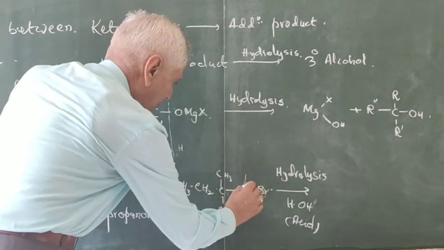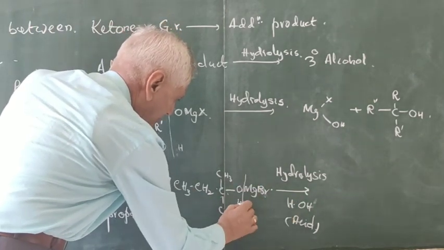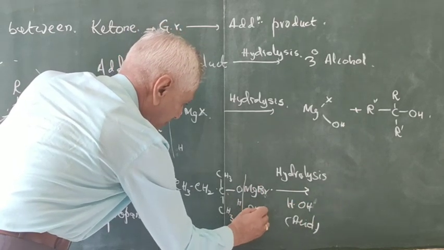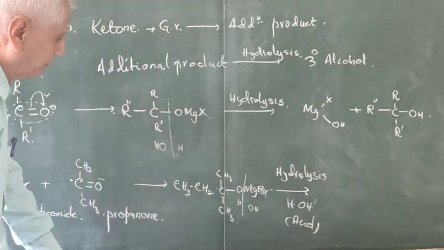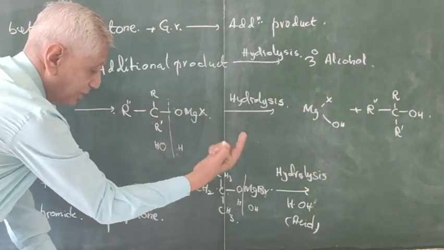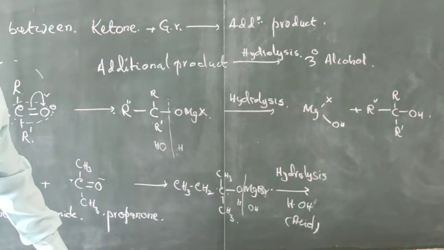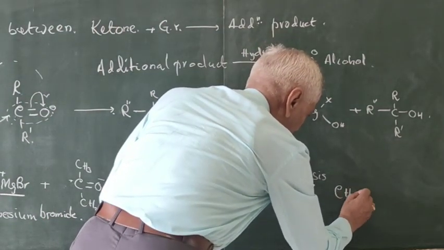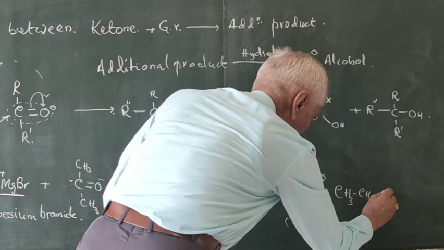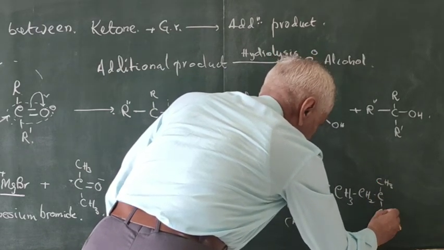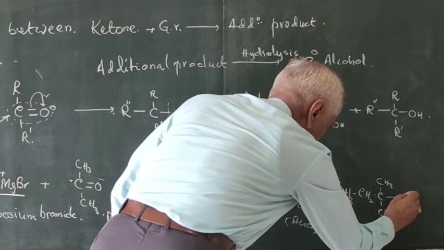Hence H of the water comes here, and MgBr, OH of the water comes here. And therefore you are getting CH3 CH2 C CH3 twice OH. What is this alcohol? Tertiary alcohol. CH3, CH2, CCH3, CH3, OH.